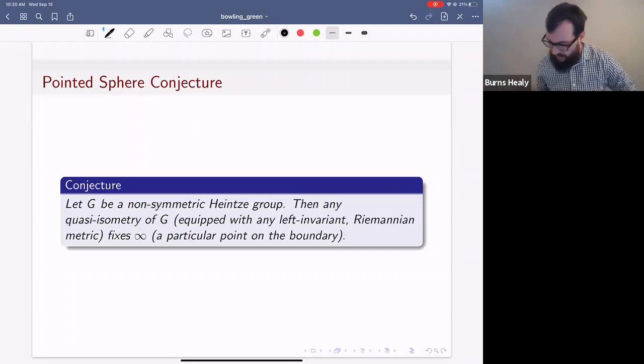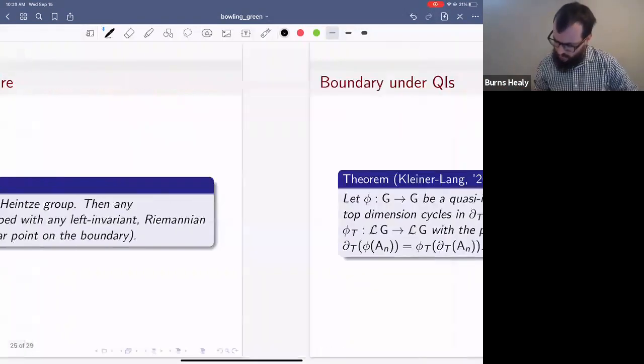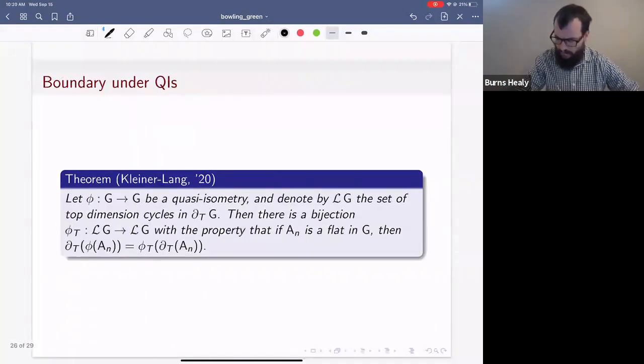So in the 0 seconds I have left, let me just give you an idea of the strategy here. Last year, there was a paper by Kleiner and Lang called Higher Rank Hyperbolicity, where they do a very in-depth dive of what you can say about the effect on the boundary from a quasi-isometry on a CAT(0) space. This statement is worded in terms of contracting groups.